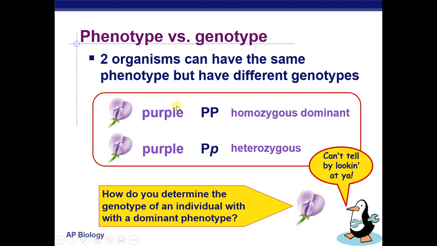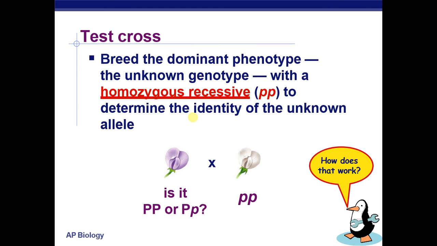There is no way in Mendelian inheritance, we'll talk about non-Mendelian inheritance after the break, but in Mendelian inheritance, there's no way to visually look at and tell the difference between these 2. In genetics, there is something that's extremely important, especially when you're crossing or breeding 2 different organisms together, and it's called a test cross.